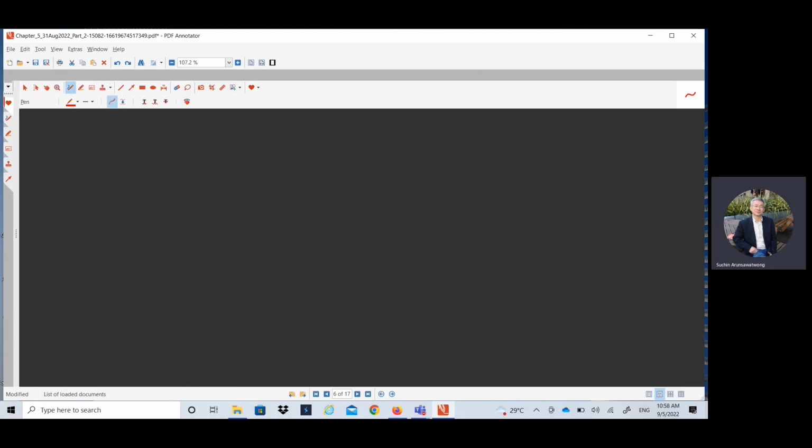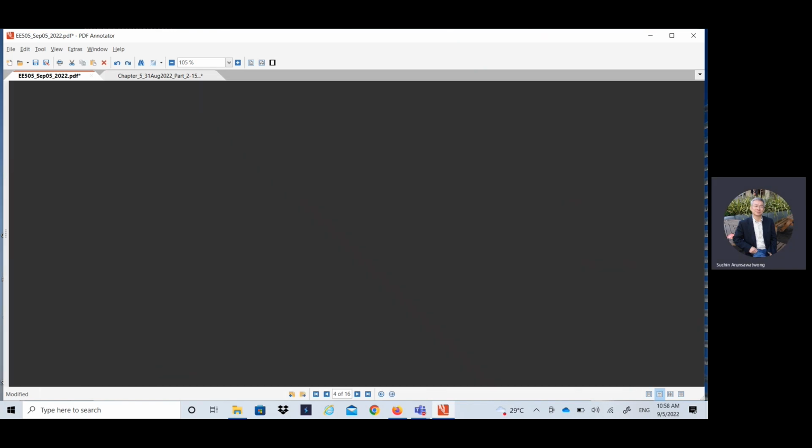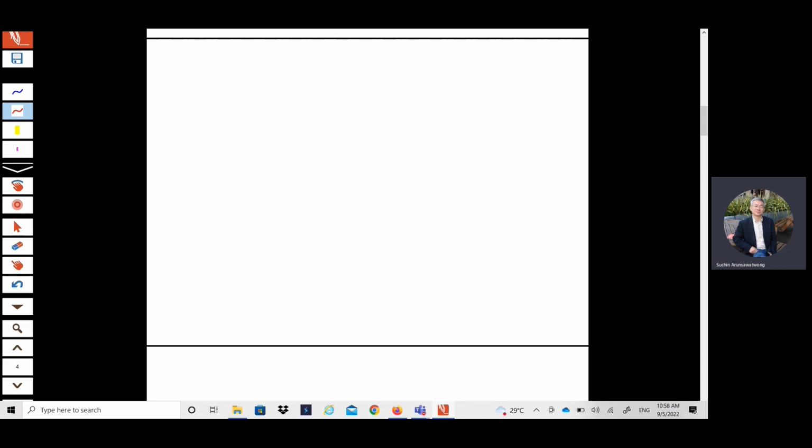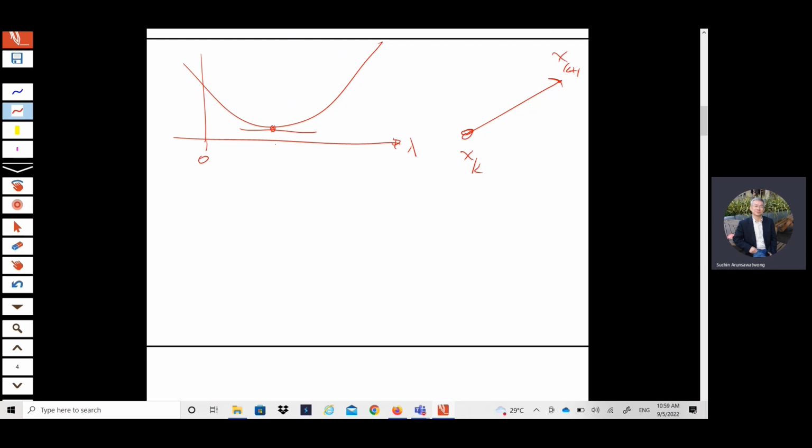Now we have to go back and write it. In the iteration k, when we do the line search, you have to remember what we are doing: we move from xk to xk plus 1, right? Then when we do the line search, at this point, this is 0 and this is the lambda k star, the lambda k that we choose.